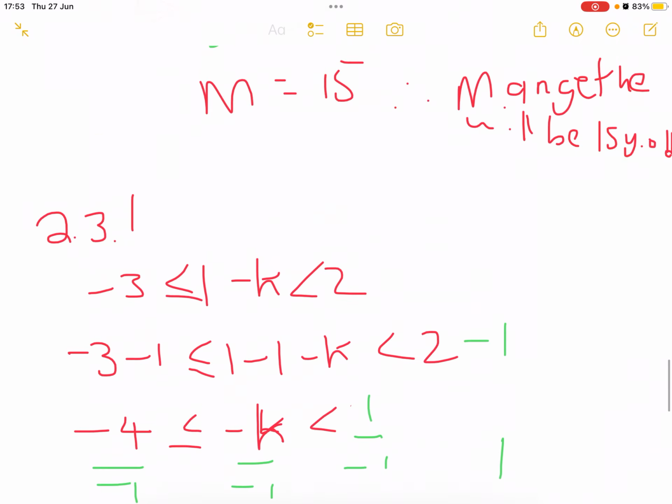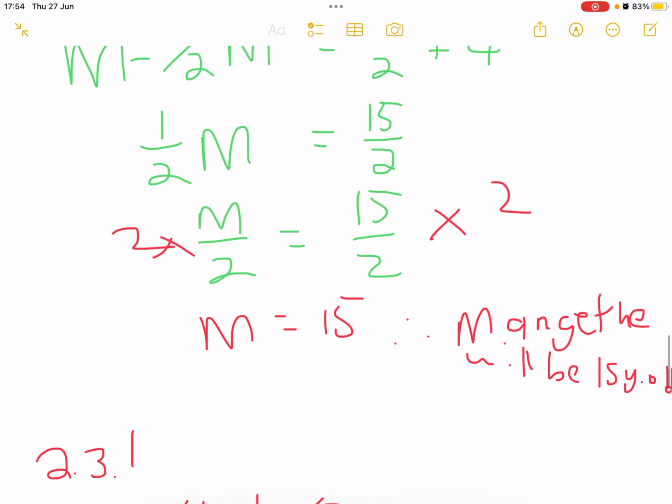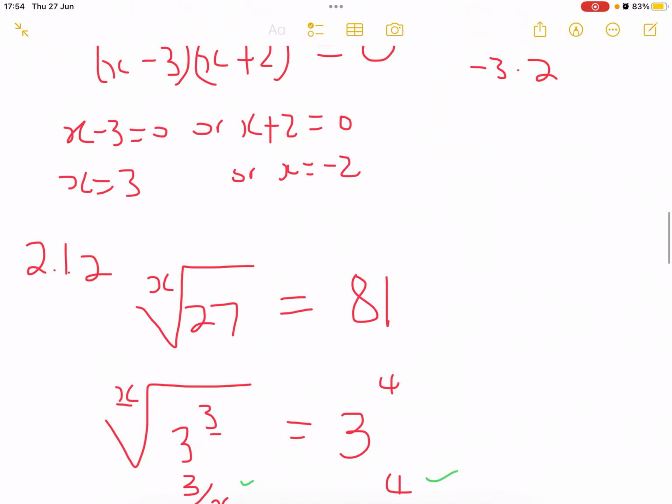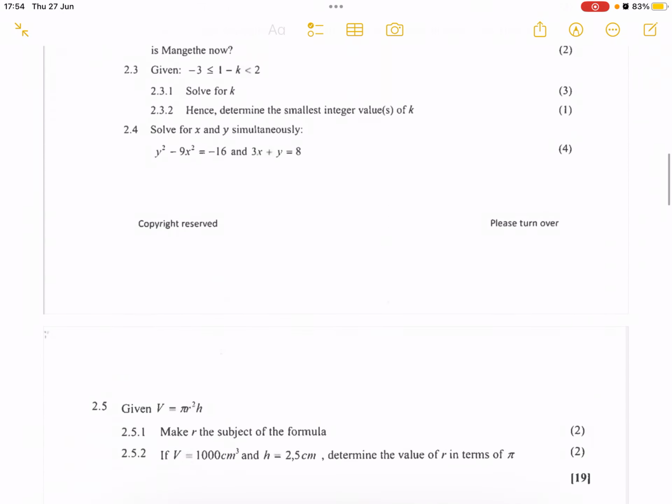Then we go to 2.4: solve for x and y simultaneously.